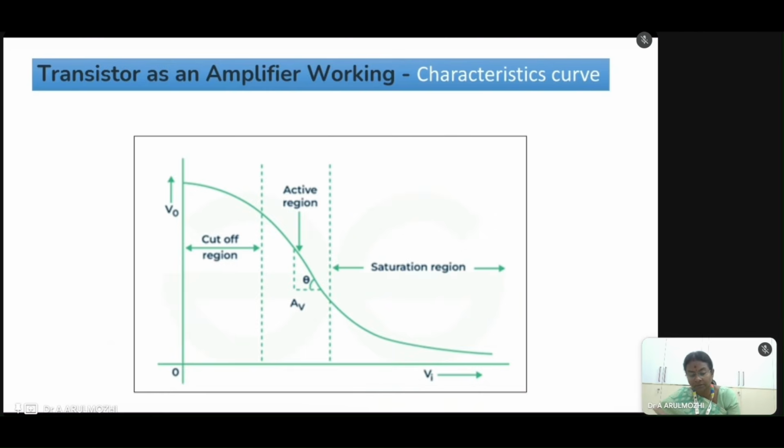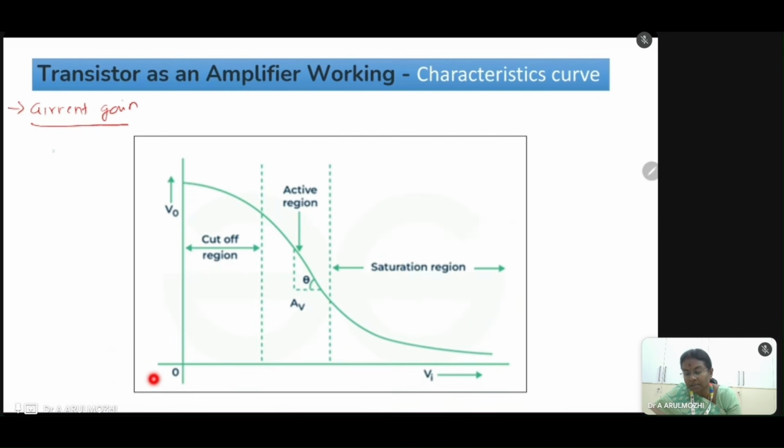Next, as I told you, the current gain. Current gain is nothing but the gain in terms of current that is noticed when changes in the input and the output currents occur.